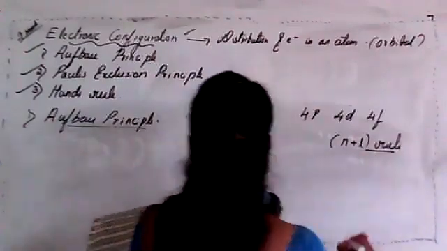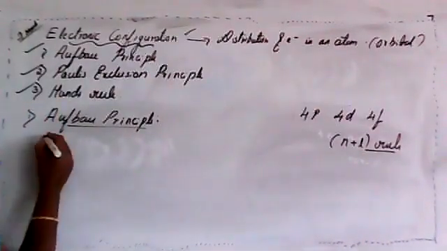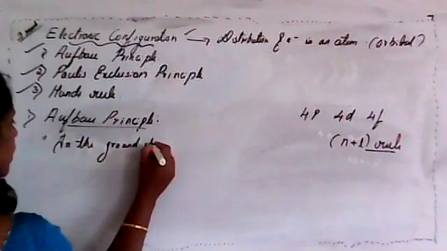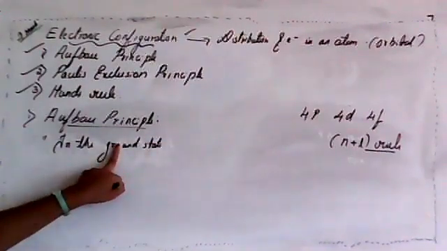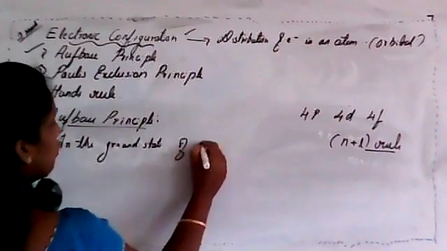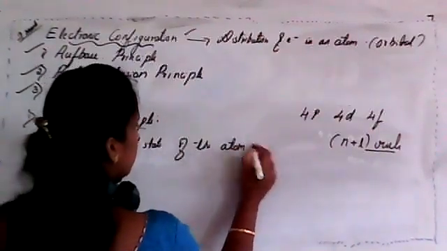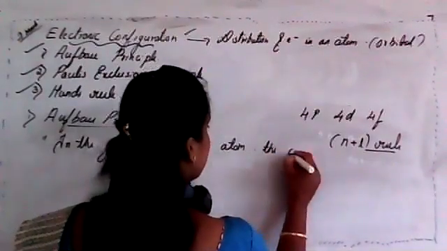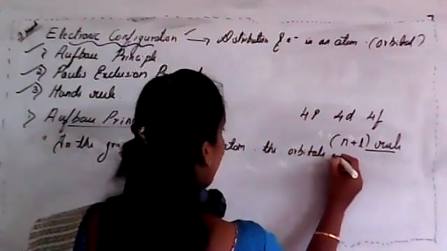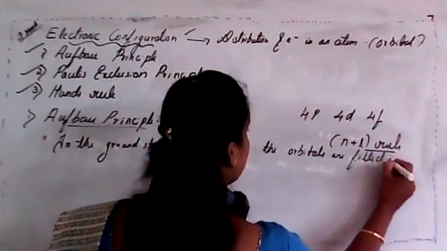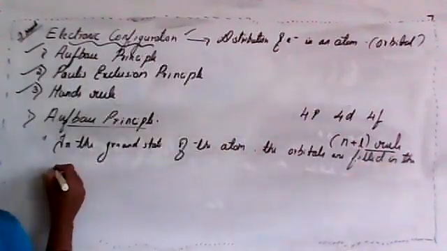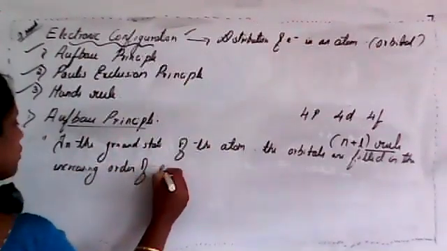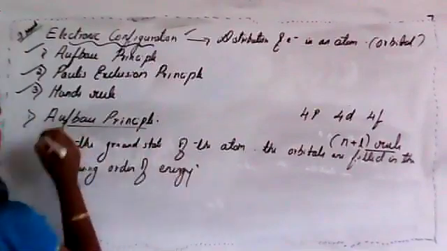According to the Aufbau principle, in the ground state of the atom, the orbitals are filled in increasing order of energy.